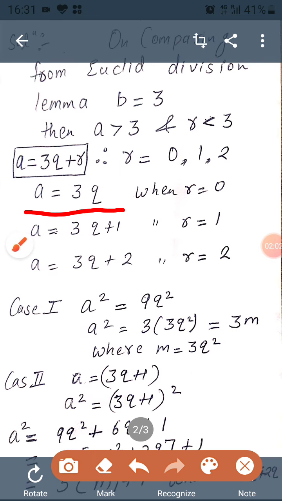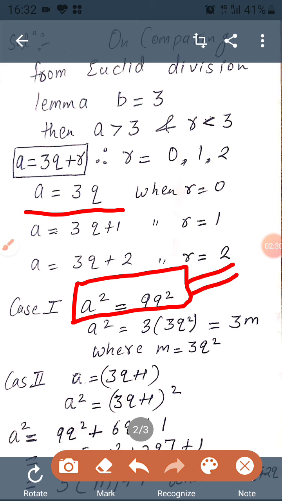Case 1: a is equal to 3q. In the question it is given that we have to square them, meaning we have to show the square of the positive integer is in the form of 3m or 3m plus 1. So on squaring 3q, we will get 9q square, and in the LHS we will get a square.